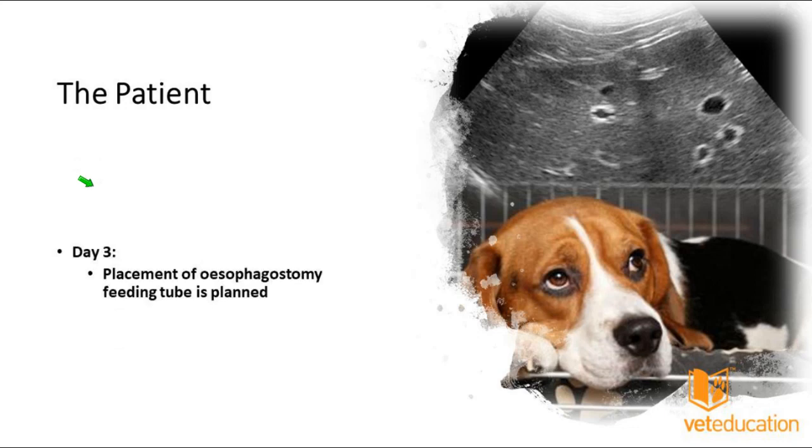All right, on day 3, it was decided that an esophagostomy tube placement would be beneficial because this guy was in for the long haul. His owners were very, very committed, and so the decision was made to try to prepare him to have that tube placed so that we could look after his caloric intake adequately and feed him a diet that was appropriate for his condition.